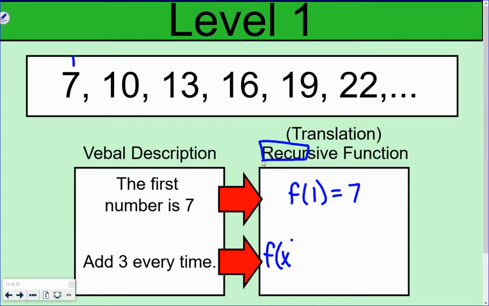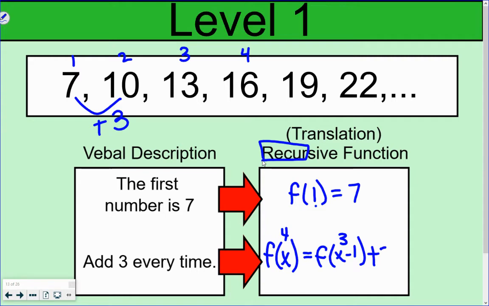To say that we're adding 3 every time, what we're going to say is if I want to find a number, that's what that means. If I want to find anything, if I want to find f of 1, or f of 2, or f of 3, or f of 4, I'm going to take the one before it. Okay, that looks weird, but it's saying, hey, if I want to find f of 4, I'm going to take 4 minus 1, which is 3, and in this case, add 3.